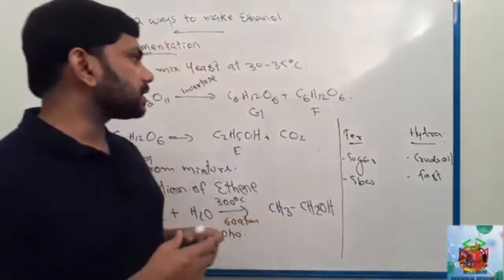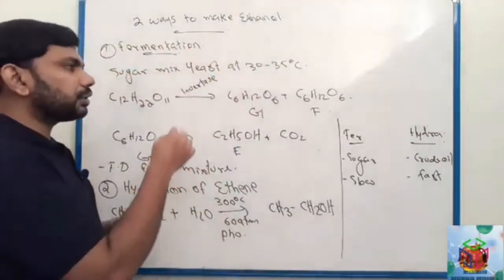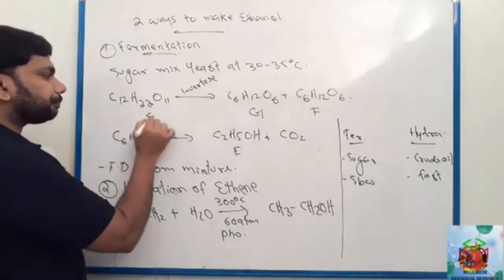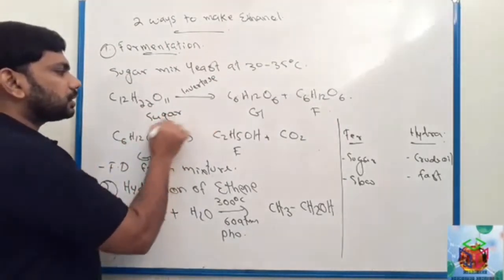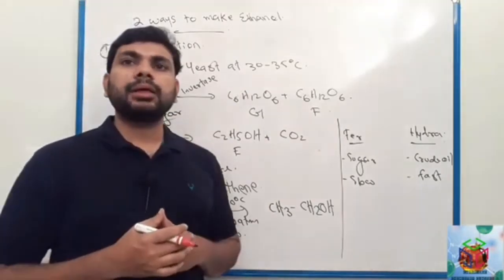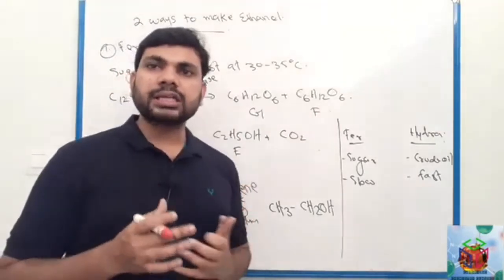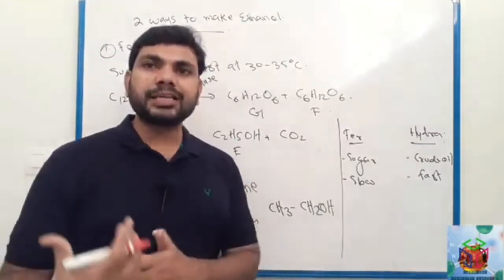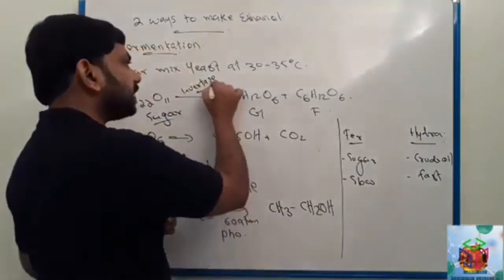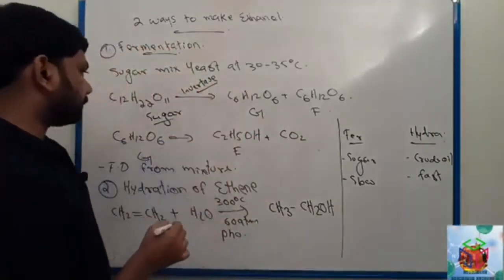See here, these are the different processes happening during fermentation. Here I told you, this is sugar. Sugar is kept with yeast. Yeast provides 2 enzymes. Yeast is a biological substance, a plant part, and it provides two enzymes, invertase and zymase.